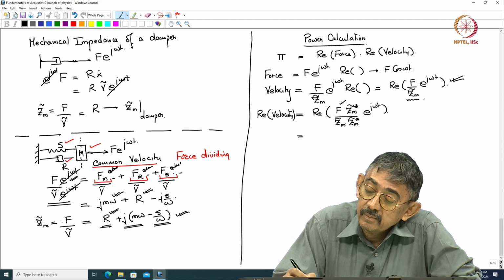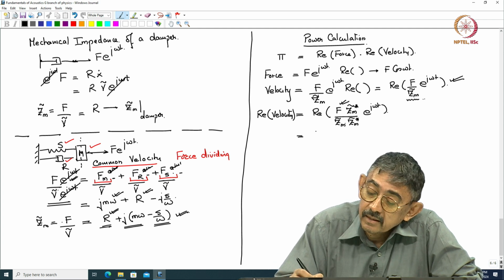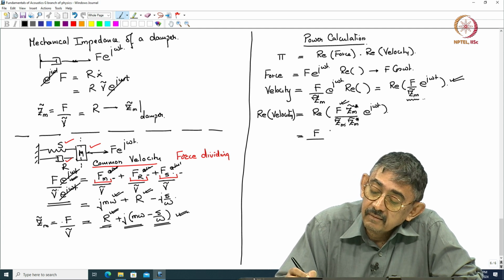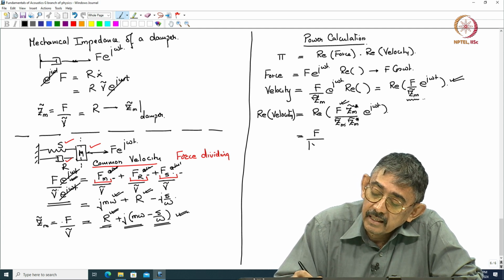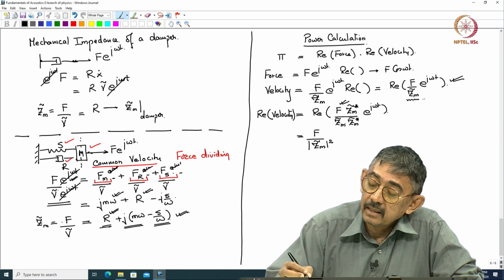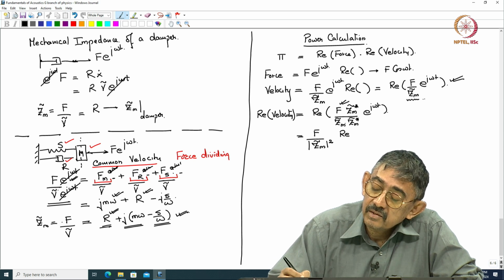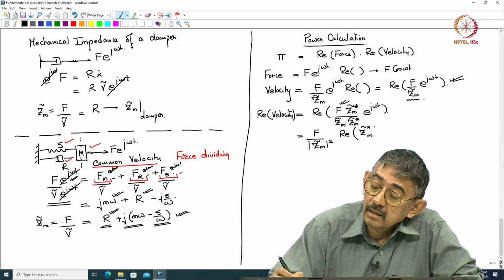F is real to me, we start out with the real F. So I have F divided by this denominator, which is now the amplitude Zm squared, and inside I now have the real part of Z conjugate e to the power j omega t.